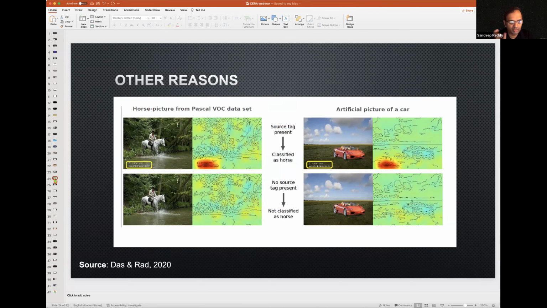So basically, the machine learning model was confounding the source tag with the horse. And once the source tag was removed, it seemed very helpless. And likewise, on the right-hand side, the same thing happened in identifying a car. Training images had a source tag, and once the source tag was removed, it was unable to identify the car.